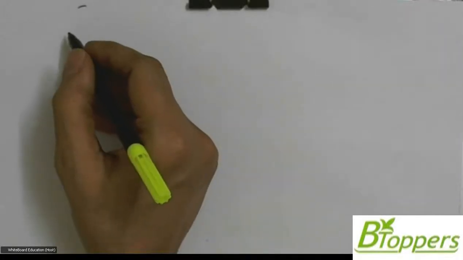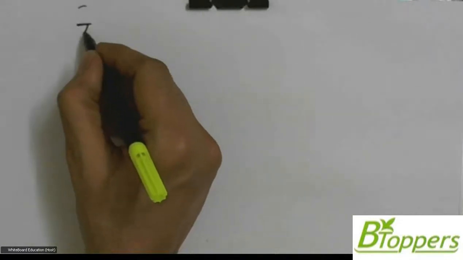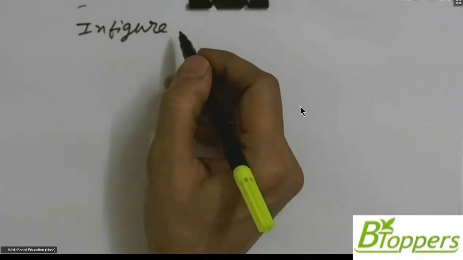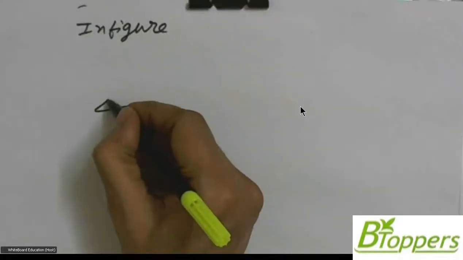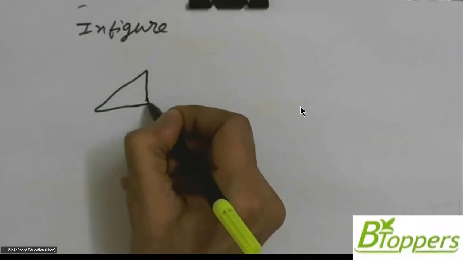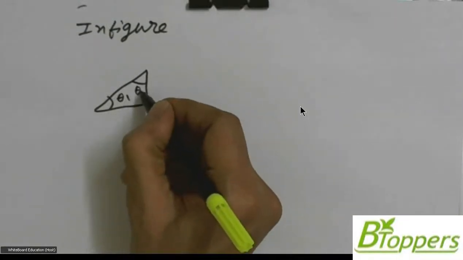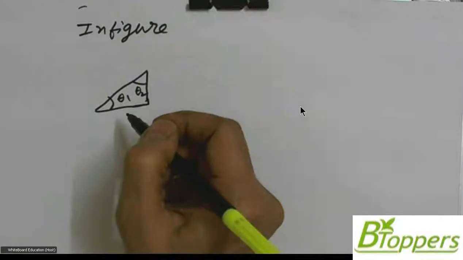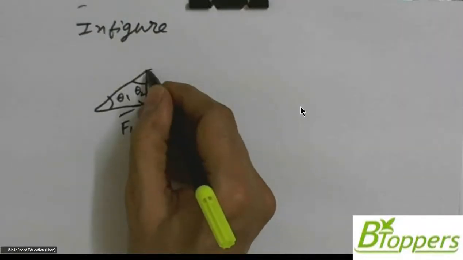So the answer for the first question, the angle between F1 bar and F2 bar, is 120 degrees, as shown previously. This angle we have taken as theta 1, this angle as theta 2. This is F1 bar.